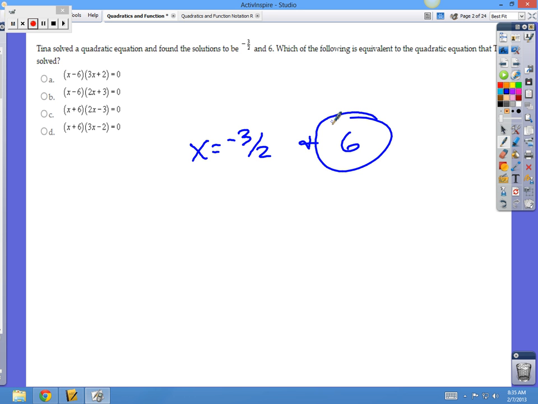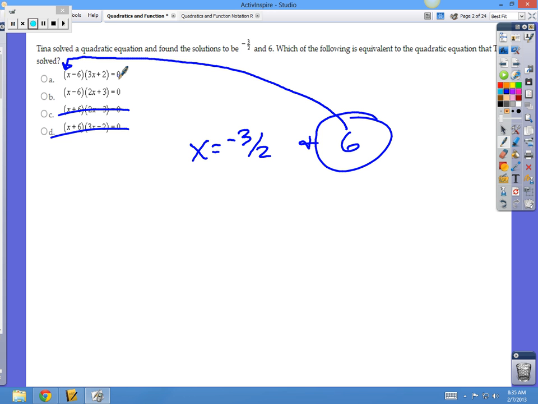If x was 6, you can kill C and D right off the bat, because I'm going to plug 6 into this. If I plug 6 into A, it's going to be 6 take away 6, and that's a 0. And 0 times 20 is 0. So A would work or B would work.